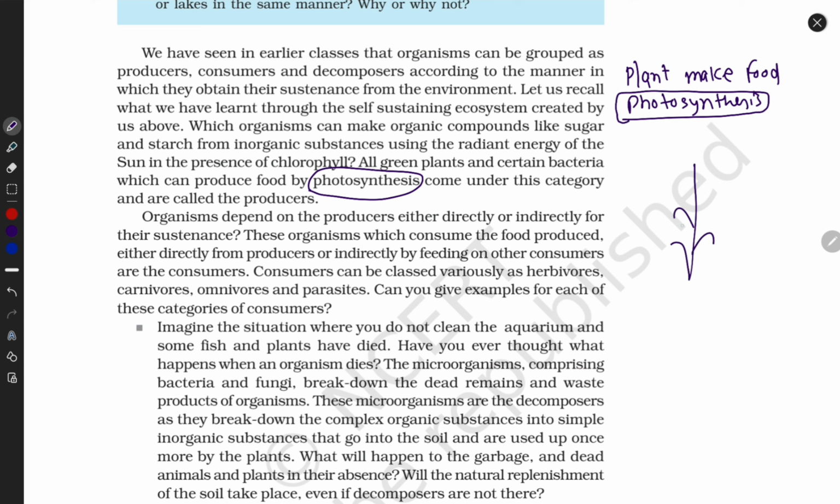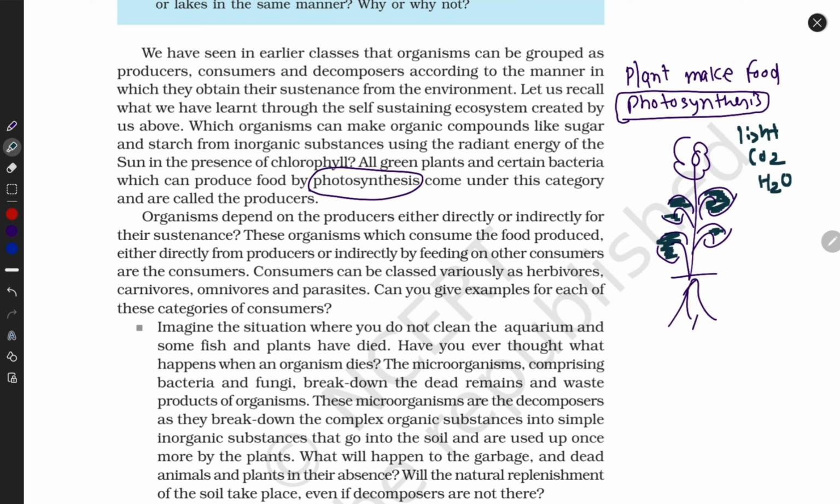A plant requires sunlight, CO2 and water. A plant requires CO2, sunlight. Next, CO2, H2O and chlorophyll.